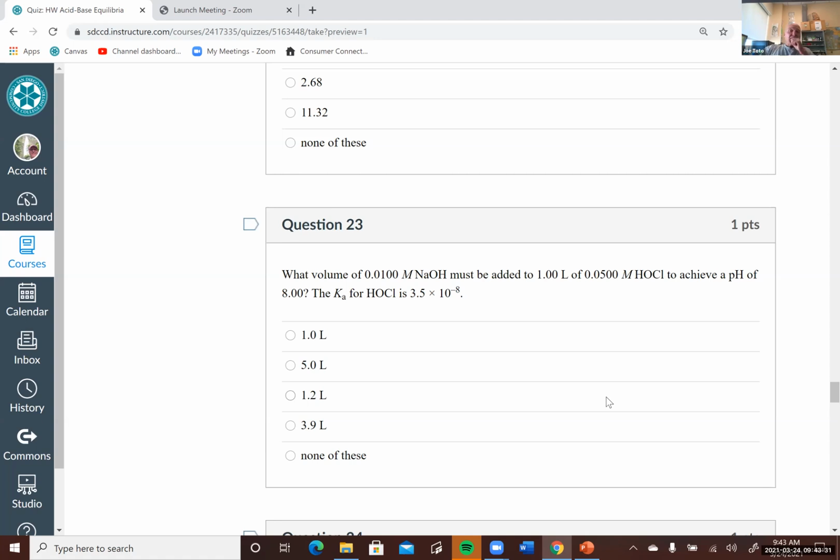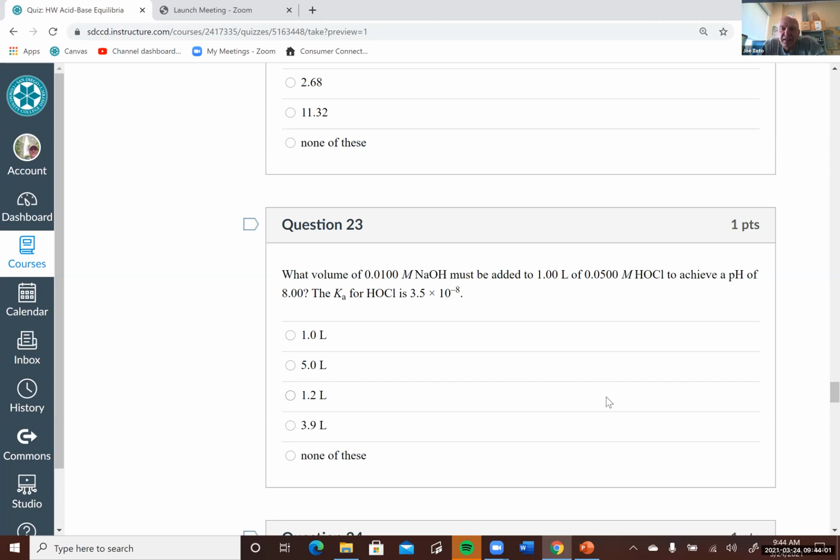All right, let's see. It says what volume of that sodium hydroxide of that concentration must be added to that volume, that concentration of the weak base to achieve a pH of 8. The Ka for HOCl is 3.5 times 10 to the minus 8. So it is a weak acid.